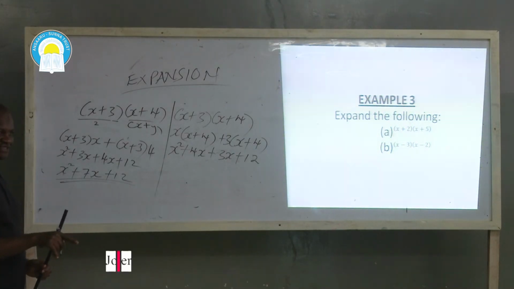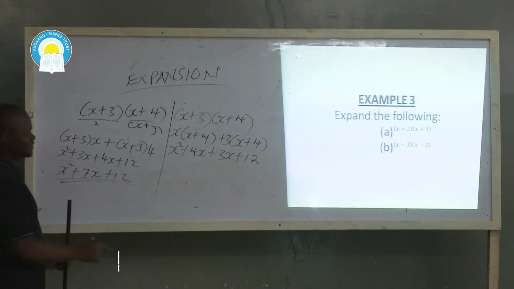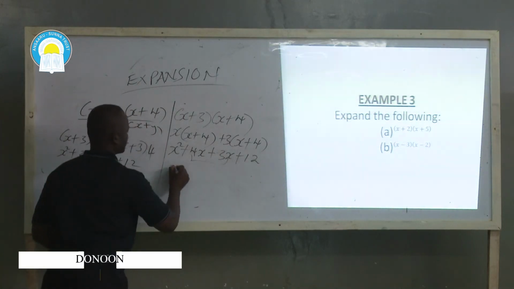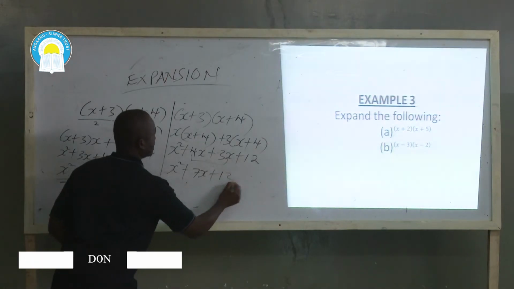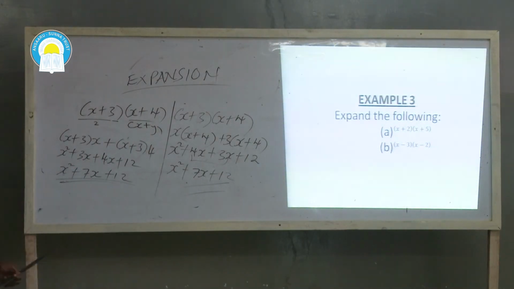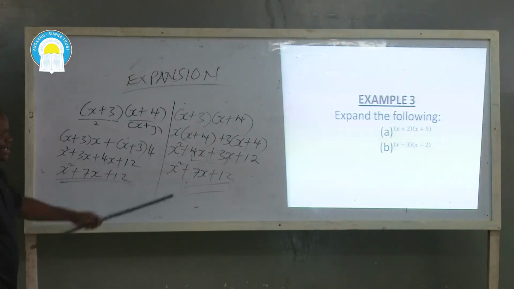How do you get 7x? Combine the 4x and the 3x, which qualify to be like terms. So that becomes our final answer, which is similar to that, but this is a simpler approach.